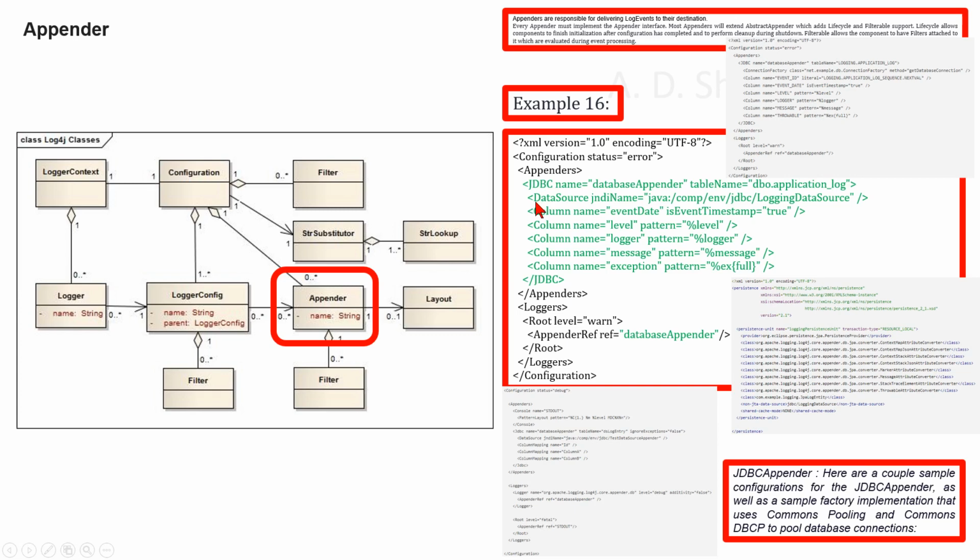JDBC Appender parameters. name, String, required, the name of the appender. tableName, String, required, the name of the database table to insert log events into. ignoreExceptions, boolean, default is true, causing exceptions encountered while appending events to be internally logged and then ignored.